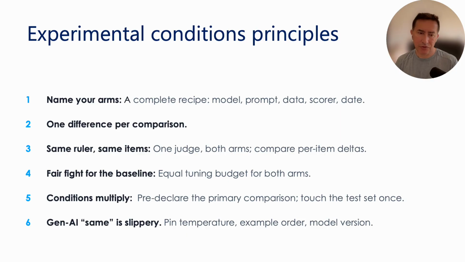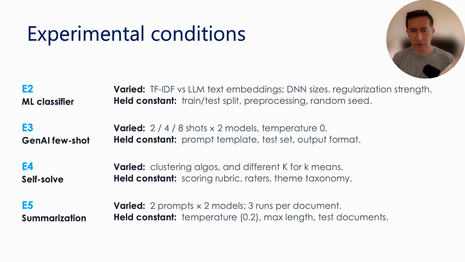Also keep in mind that in GenAI, the notion of same is a little bit slippery. Sometimes you need to pin the temperature, the order of the examples, the model version, and as they change, your results may also change, so try to fix them in the experiments that you run. So in this slide, you just see a few examples of possible experimental conditions for our cases.